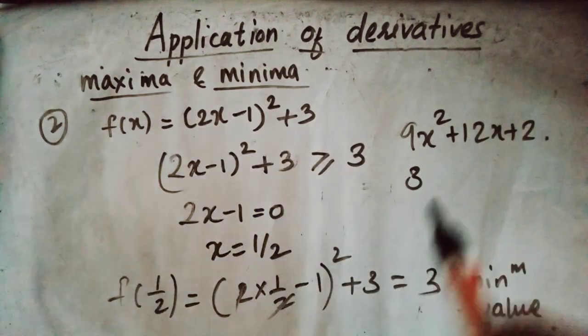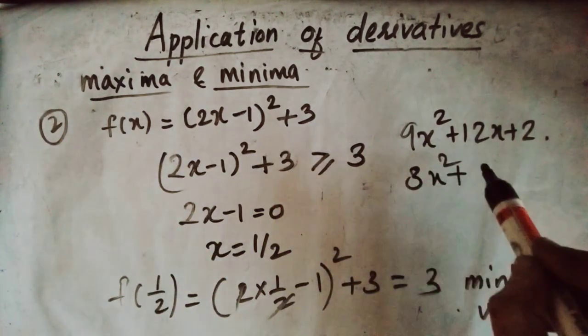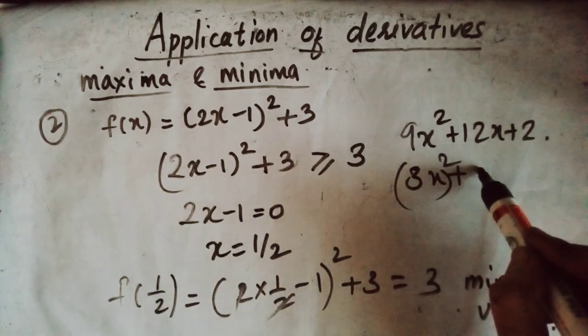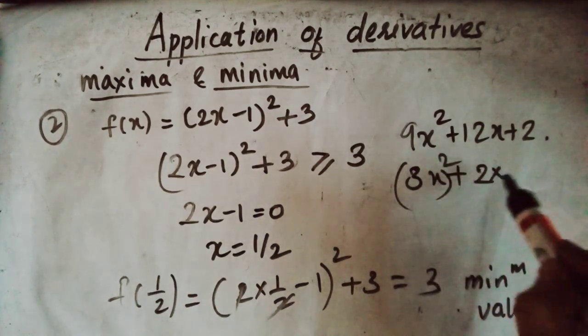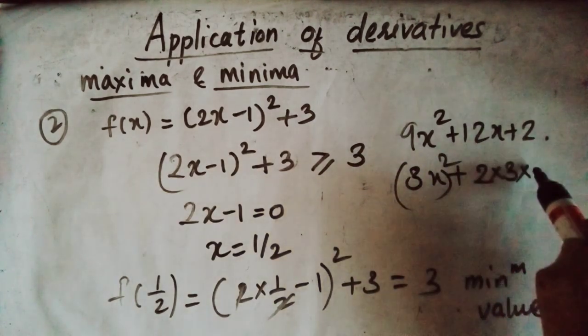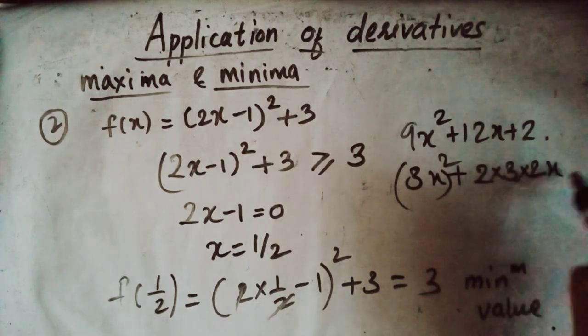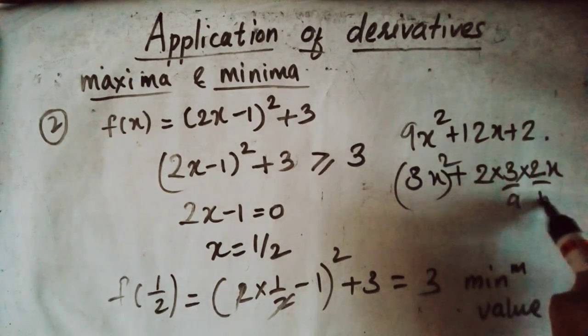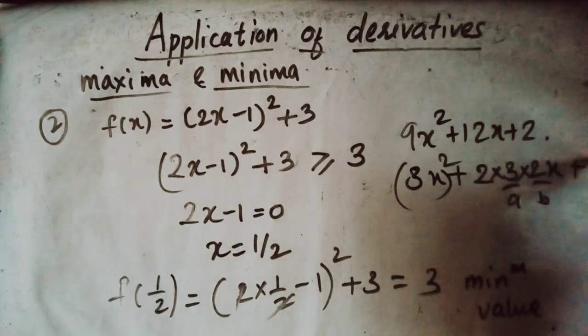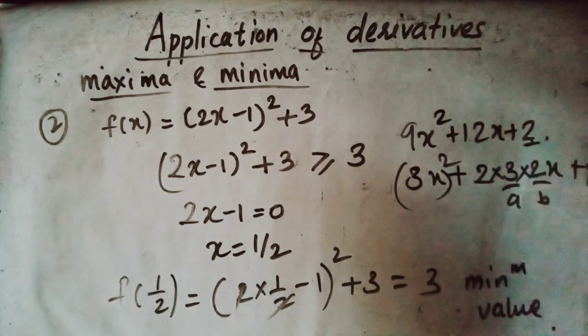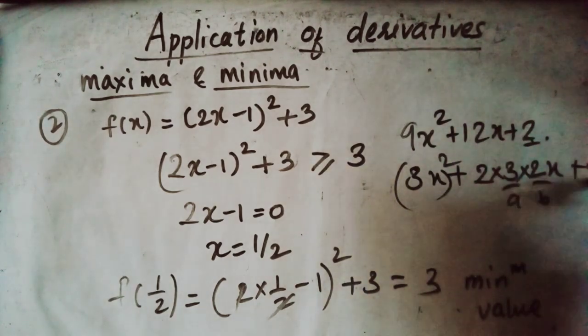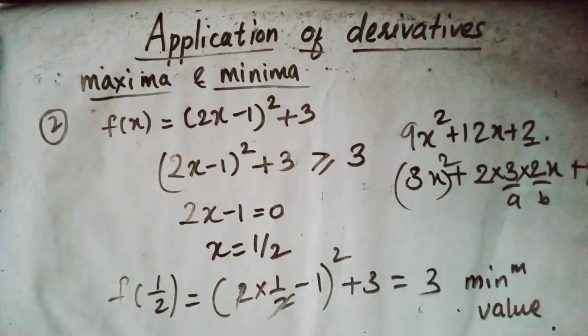So your a is 3. So 12 you can write 2 into 3 into 2. Okay, this is a, so this becomes b. So you need here 4, that is 2 square. So this 2 is already there, so you are adding 2 and subtracting 2.